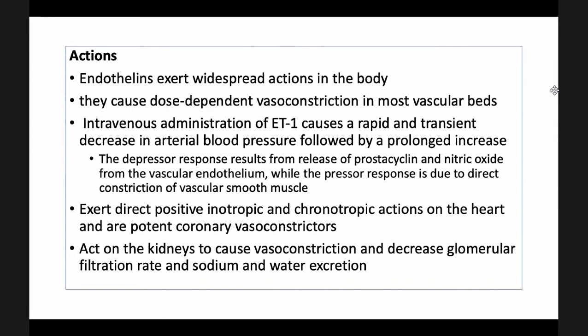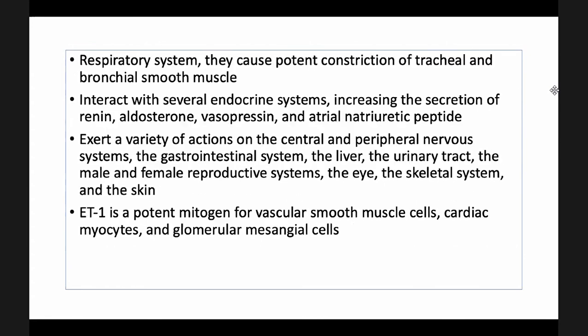It also exerts a positive inotropic and chronotropic action on the heart, and they are potent coronary vasoconstrictors. So it also acts on the kidney, causing vasoconstriction and decreased GFR and sodium and water excretion.